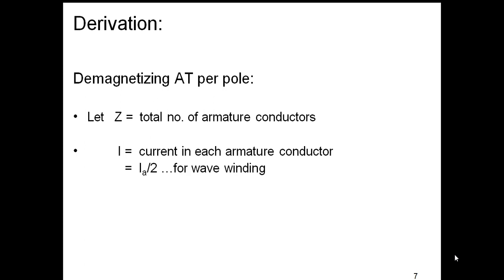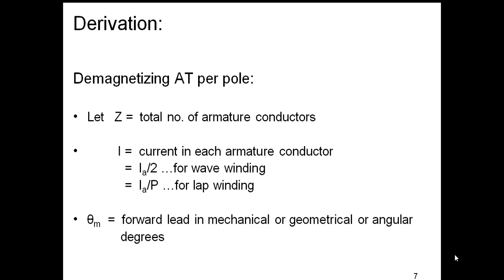Then for a wave wound generator, the current in each conductor will be Ia by 2, where Ia means armature current. For a lap wound generator, the current will be Ia by P, where P is the number of poles. And here theta m is the forward lead in mechanical or geometrical or angular degrees.